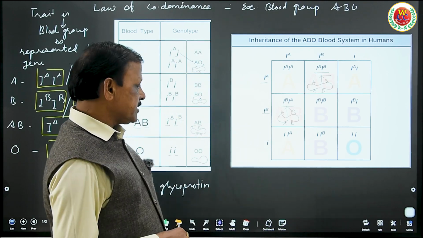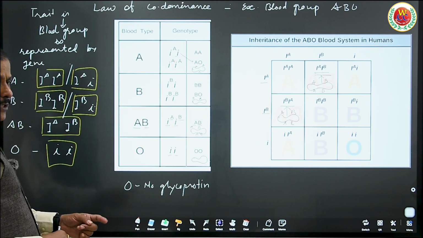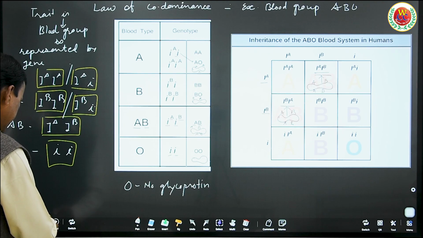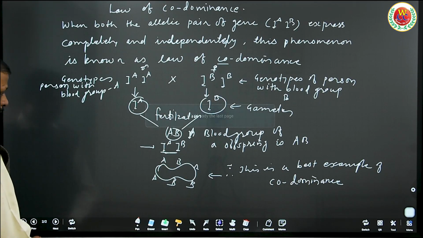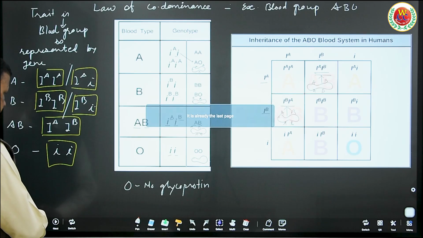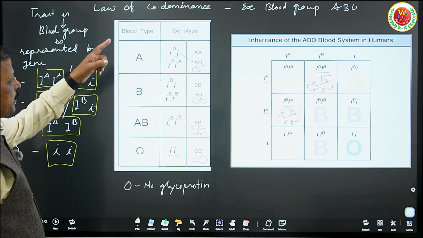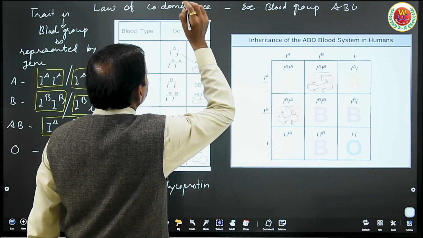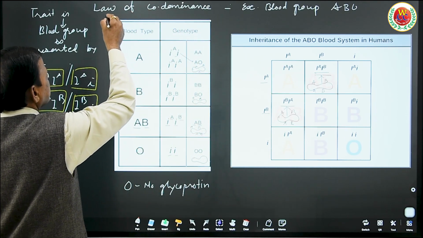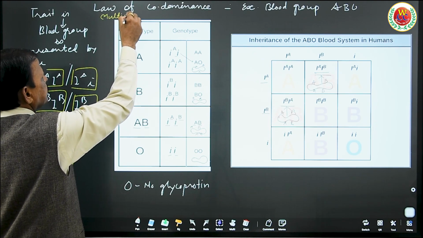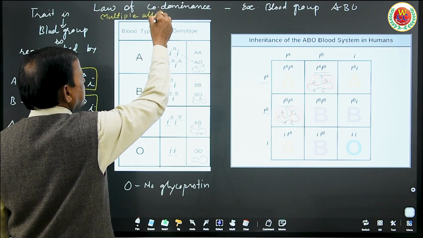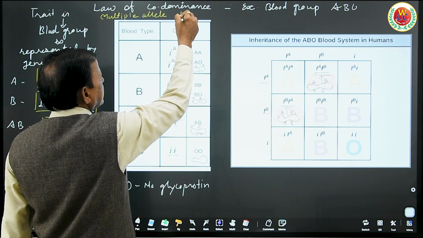This phenomenon is known as the law of multiple alleles. So blood group ABO is not only an example of codominance, but also an example of the multiple allele phenomenon.